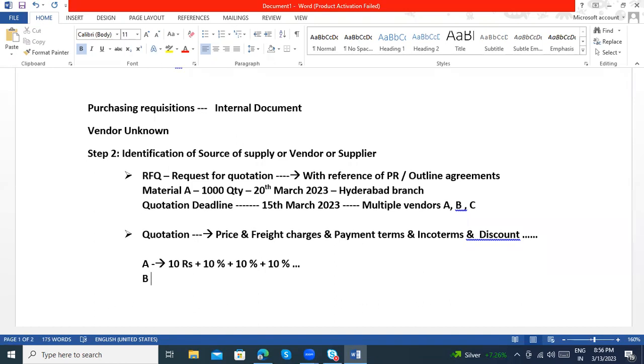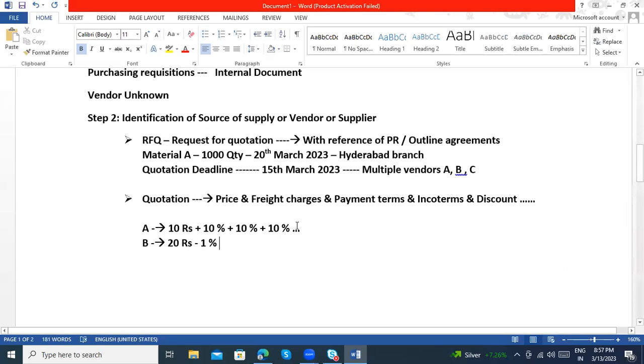So if the B person is saying 20 rupees, but there are no freight charges and no other charges, and he is providing a 1% discount, then I can say it's minus because I'm getting a discount. So the effective price also needs to be considered here. Clear? So all this information we are maintaining in the quotation.